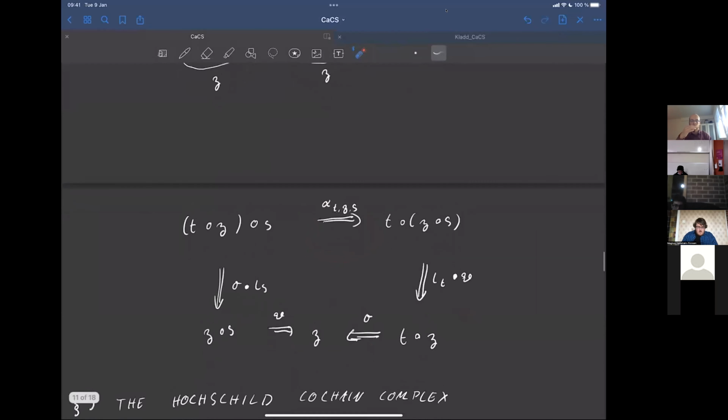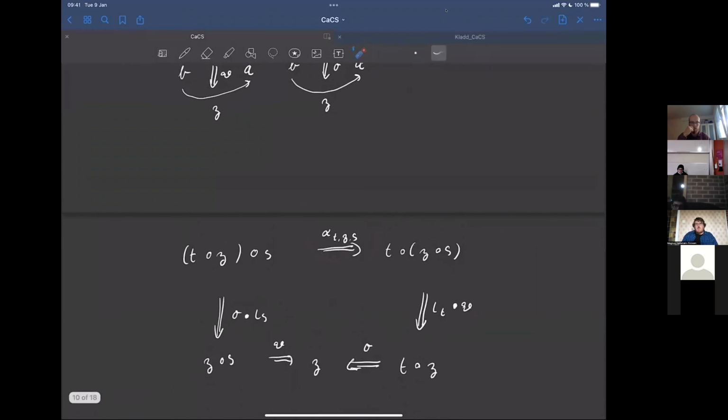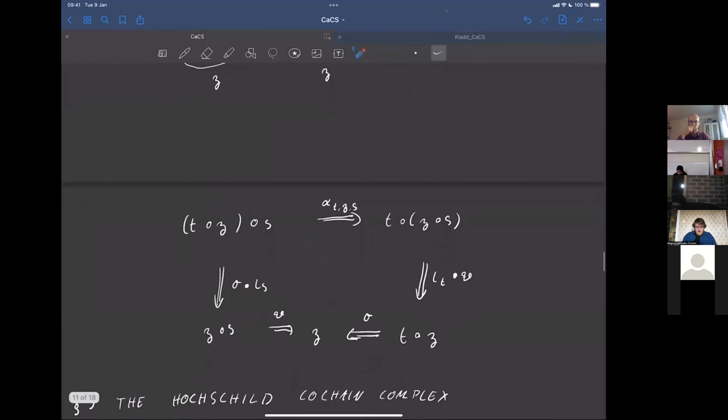So now we are in a good situation. We have this algebraic object, and we can now see how it fits into combinatorics or Hochschild homology, and we can form this homology chain.